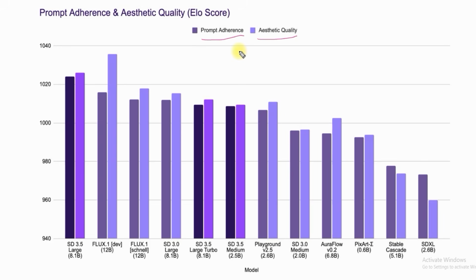For example, if you request a sunset over the ocean, it checks how accurately the model follows the request. And the other point is aesthetic quality. That's how good the final image looks. Even if it doesn't match the prompt, it's all about beauty and style.